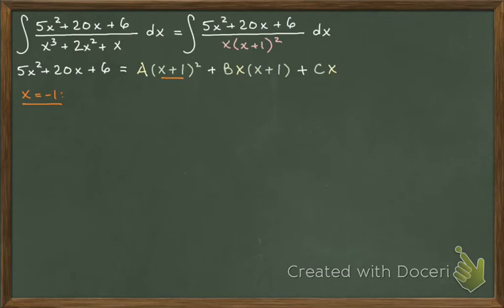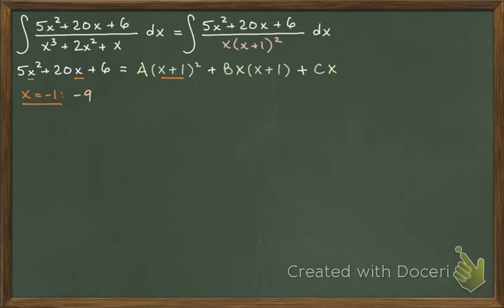When I do that, the left-hand side, I plug in minus 1 for x. So I've got 5 times negative 1 squared is 5, plus 20 times minus 1 is 5 minus 20 is a negative 15, plus 6 should give me a negative 9. On the right side, when I plug in minus 1, both the terms with a and b are going to disappear, right?